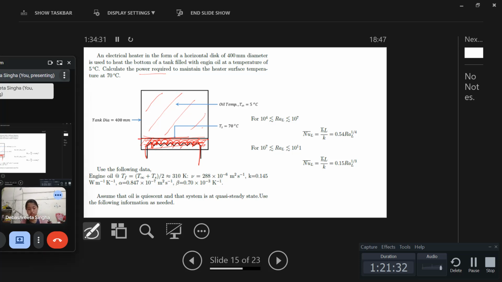This surface should be maintained at 70 degrees.